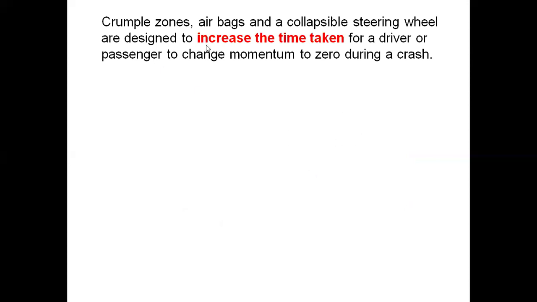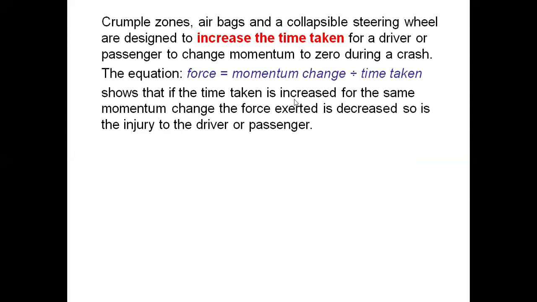This increases the time taken for a driver or passenger to change the momentum to 0. Initially the momentum of the driver was the same as the momentum of the car, which was in motion, but finally the momentum becomes 0. So force is equal to change in momentum divided by time taken.